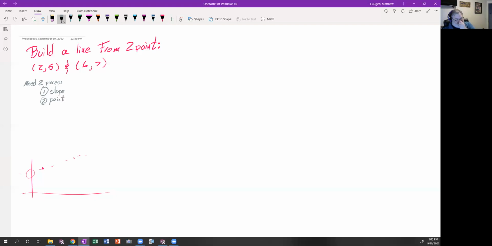That point doesn't have to be the y-intercept, doesn't have to be the x-intercept, doesn't have to be any particular point. We just need to have a slope and a point. If we have those 2 things, we can make a line. Now, luckily, we've been given 2 points here. So either one of those will satisfy us needing a point, but we do need to find a slope.